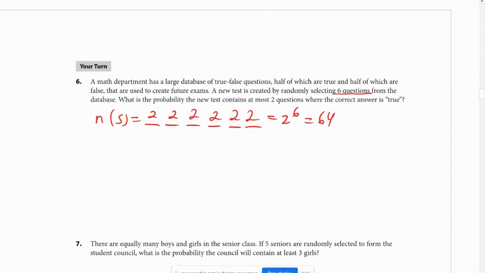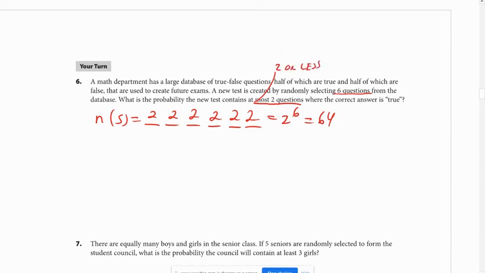And then it says, what is the probability the new test contains at most 2 questions where the correct answer is true? So at most 2 questions means 2 or less.